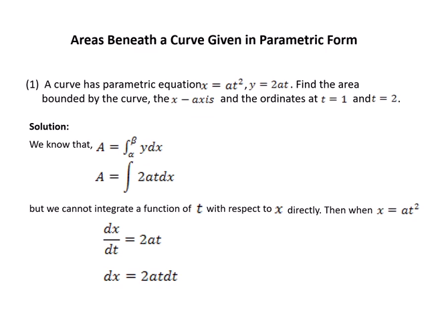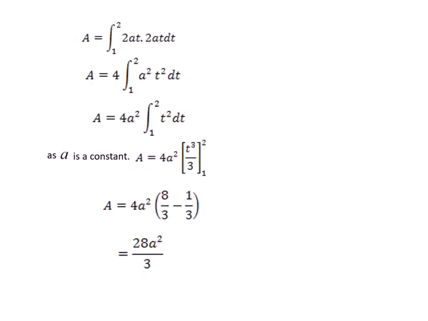You know the value of y given is 2at. Put it there. Then the value of dx is already 2at dt, so you just replace it with 2at dt. So that's why we have A equal to the integral of 2at times 2at dt from 1 to 2.